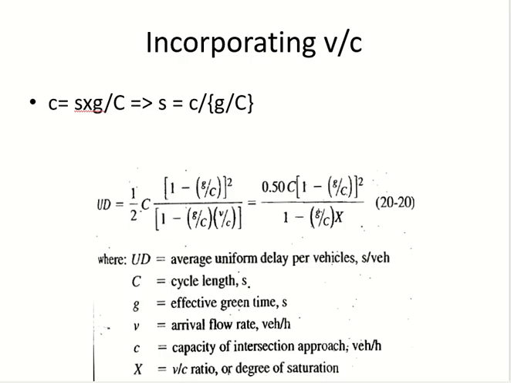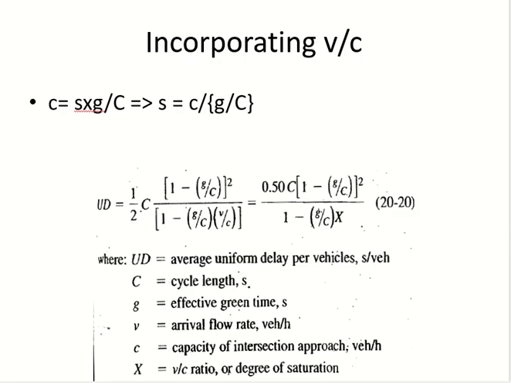They gave me the saturation flow rate and the G by C ratio. So what is the capacity here? Saturation flow rate is 2800 and G by C ratio is 0.55. So my capacity is 1540 vehicles per hour.